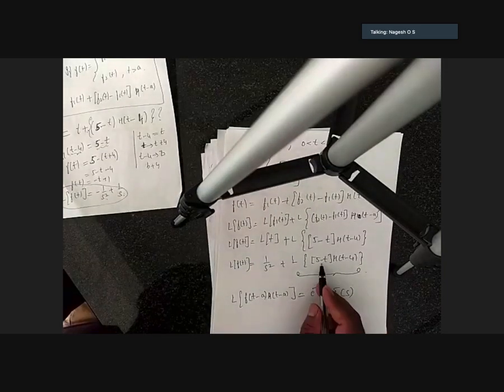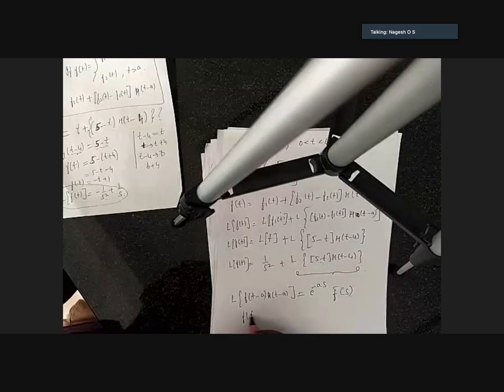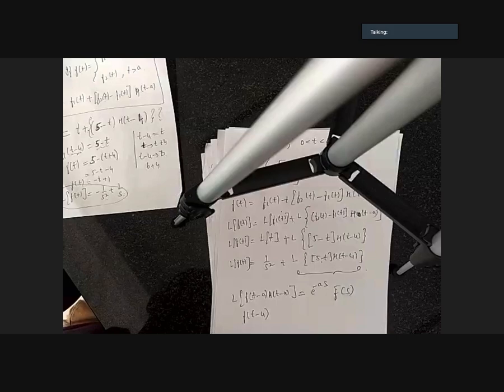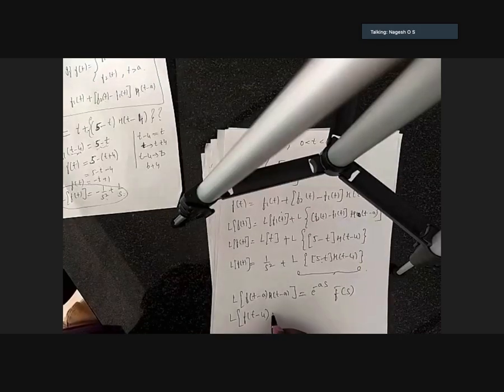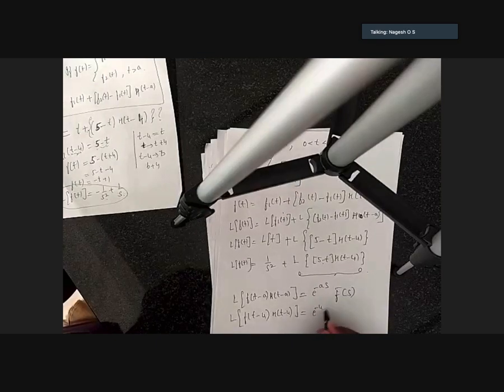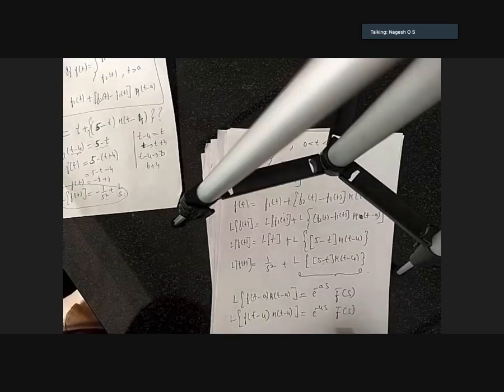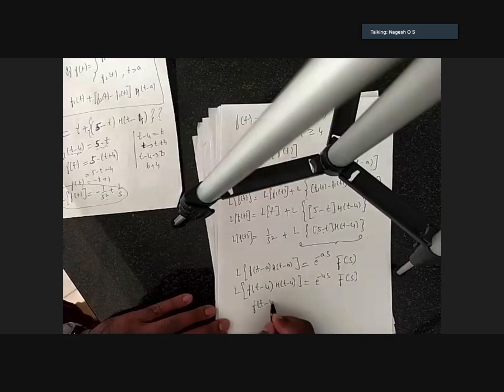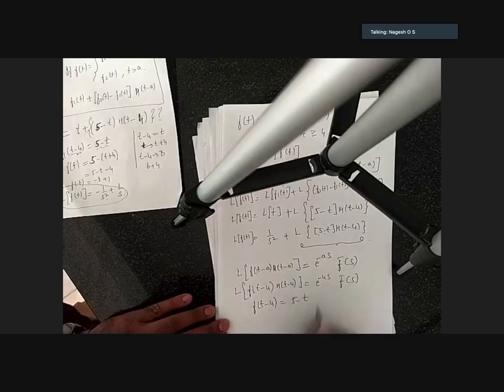This one we need to use. Compare this and this. In place of a, the value is 4. L of f of t minus 4, h of t minus 4 is equal to e power minus 4s f bar of s. In place of this, we have 5 minus t, so take f of t minus 4 as 5 minus t.